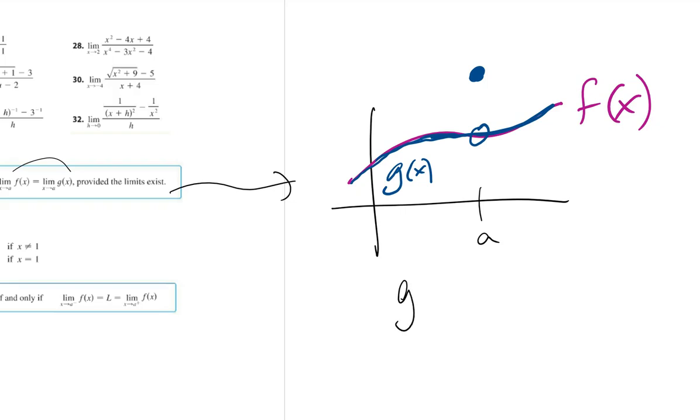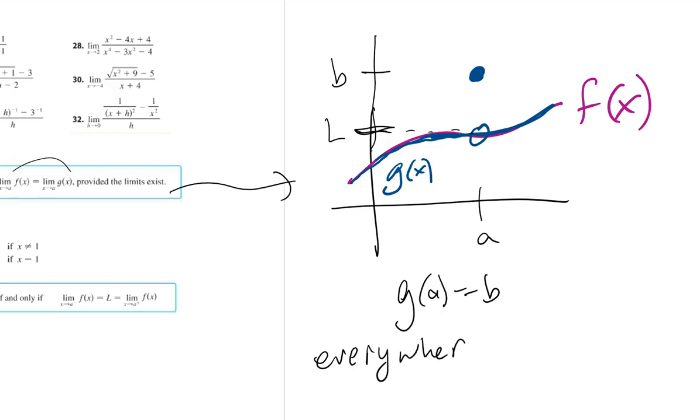So g of a, suppose this is b, and that the limit here is L. So g of a is b, but everywhere else, g of x is f of x.